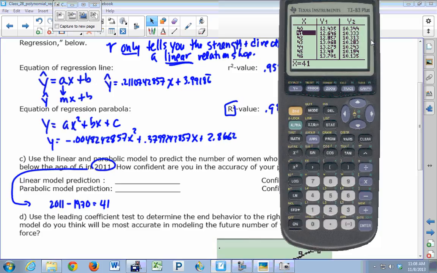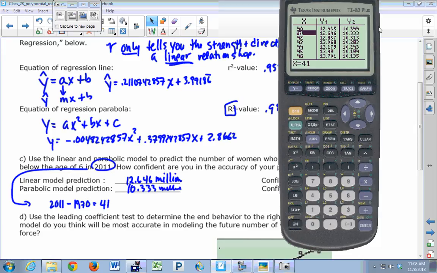My linear model predicts that there will be 12.646 million women, and my parabolic model predicts 10.333 million women.